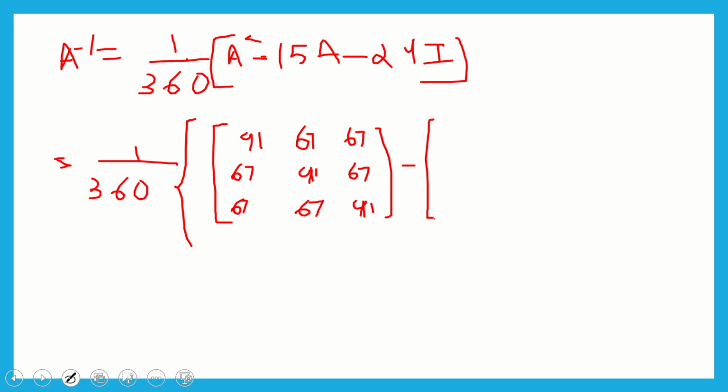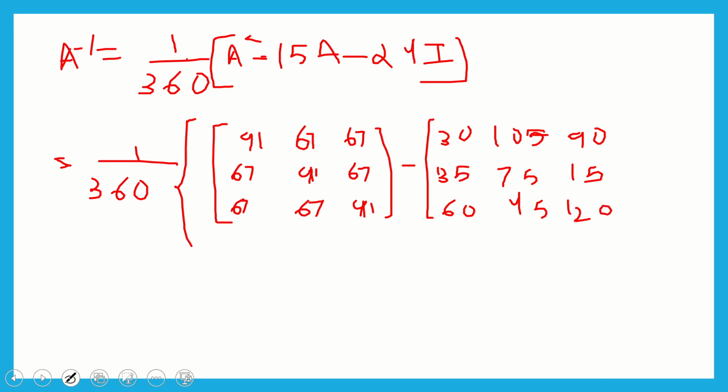15 times A, so I'm just doing it directly. See the value of A and multiply it with 15. You will get this answer: 30, 105, 90, 135, 75, 15, 60, 45, 120.